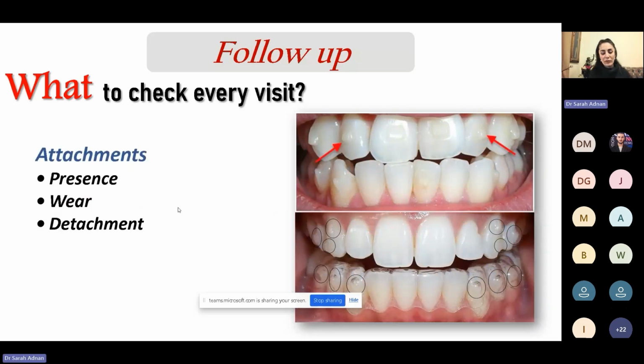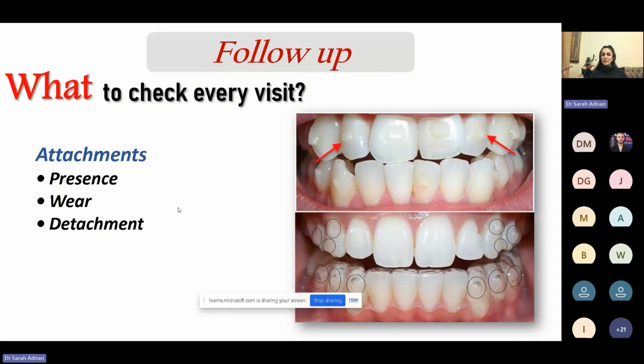Another important aspect to check in every visit is the attachments. Attachments should be checked for integrity as well as for presence. Are they present or are they lost? Sometimes detachment occurs. Patients lose their attachment and they don't recognize it because it's clear and invisible. So it's your responsibility to check the presence or absence of the attachment.